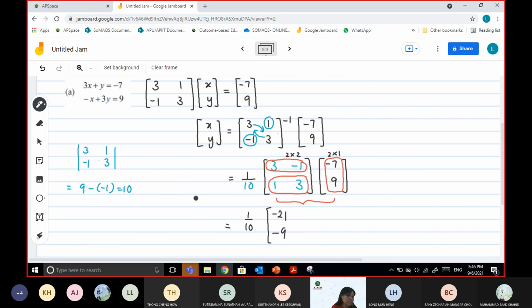So that means negative 21, which is 3 times negative 7, minus 9 for the value at the top. How about the value at the bottom? It's negative 7 plus 27.